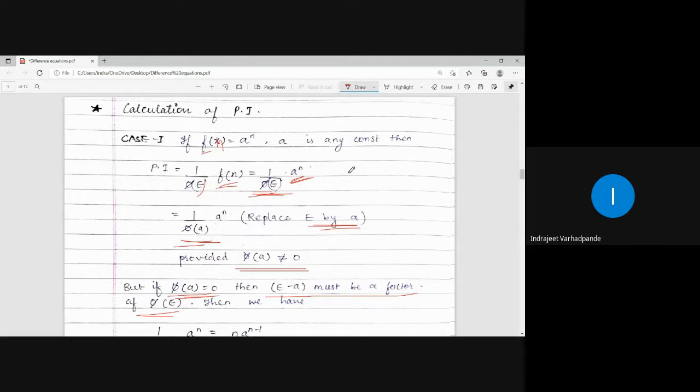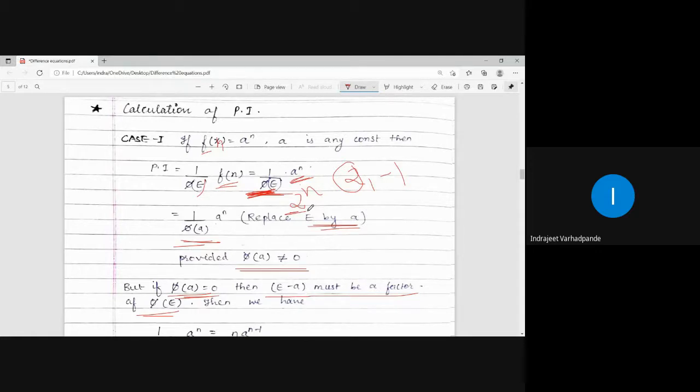Suppose the roots come out to be 2 and minus 1, and the RHS of the given difference equation is 2 to the power n. One of the roots is already 2, obtained by factorizing this polynomial, and still you are putting that value of E as 2 because the RHS is 2 to the power n. Obviously it is going to be 0.